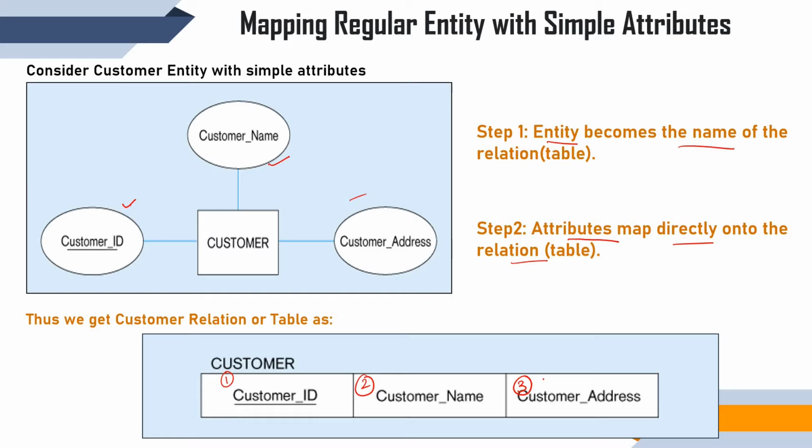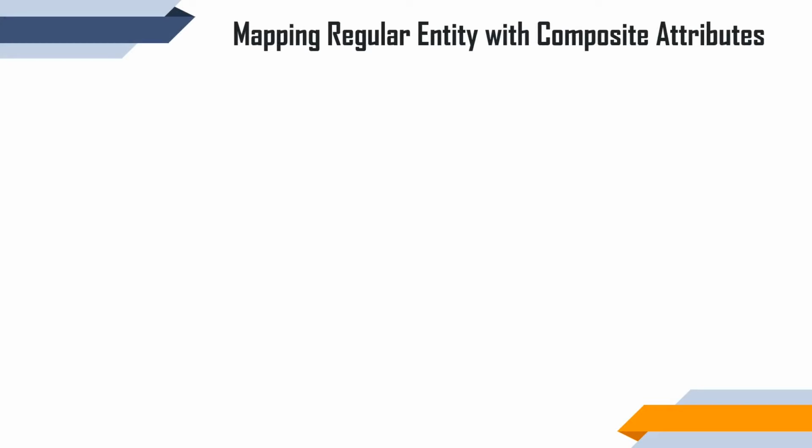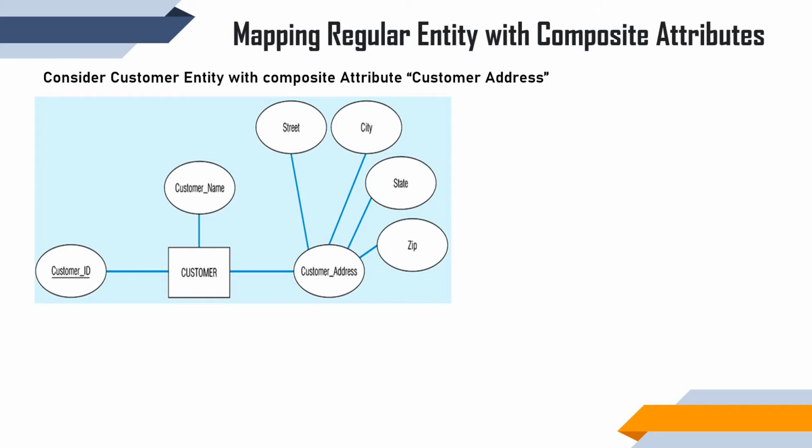But suppose if I don't consider customer address as a simple attribute, then what will happen? Then definitely customer address will be the composite one. So let's take the same entity customer, but it is right now having another attribute customer address, which we earlier considered as simple. Actually, it's not that simple.